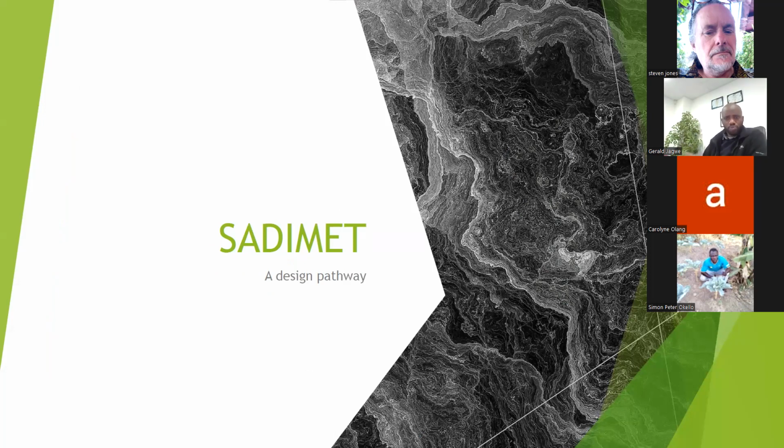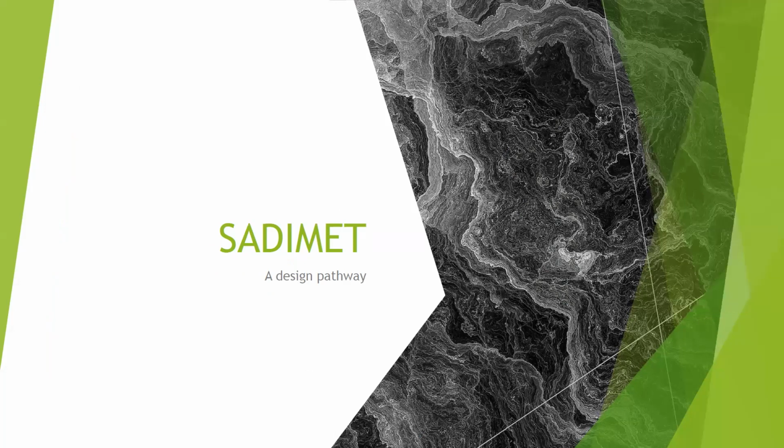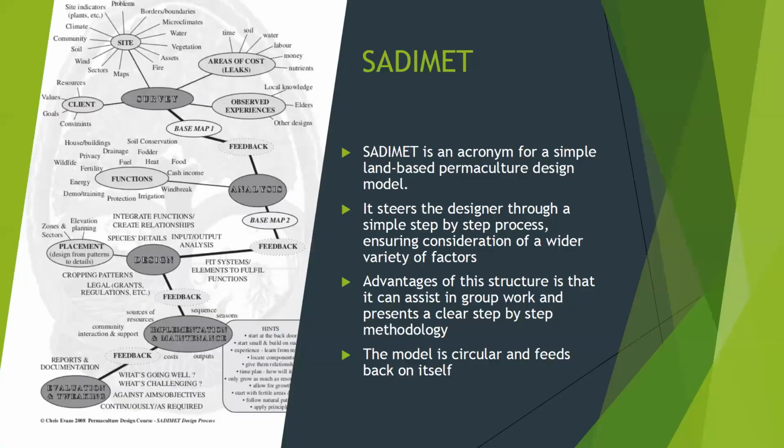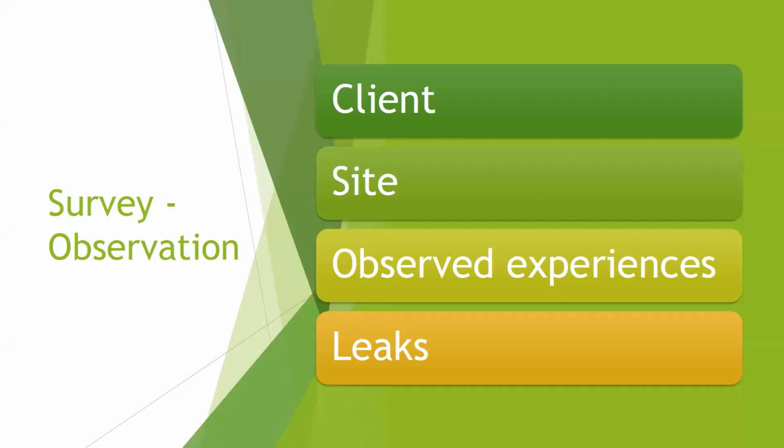So there's that wonderful spider diagram of Chris Evans's that you were looking at there, Gerald. And I like the fact that it feeds back on itself, and it tells us that the design process doesn't end because we're always evaluating and then going on and making changes. I created a breakdown of that.